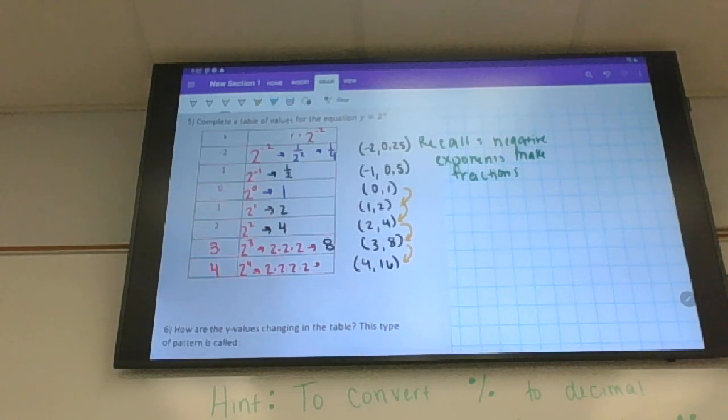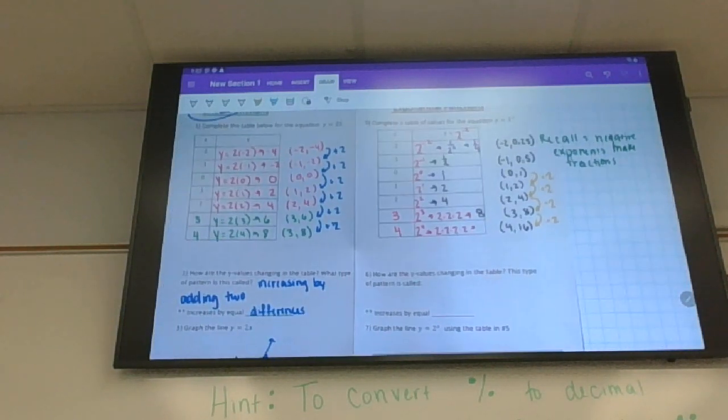Multiplying by 2, times 2, times 2, times 2. This type of pattern is called geometric, and this is increasing by equal factors, or we could say multiples.